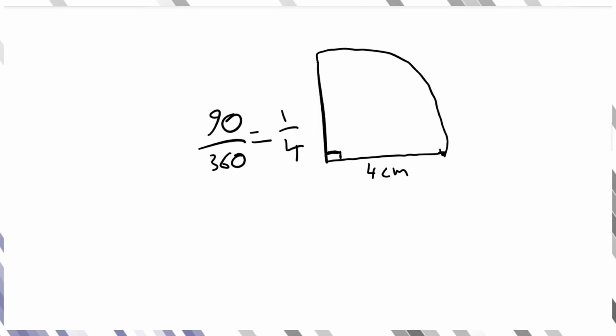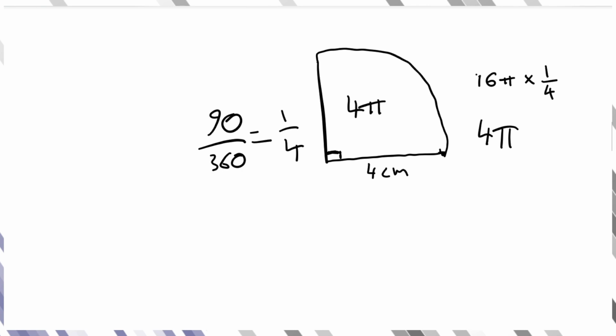Alright, so the area of the circle is pi r squared. The radius is 4. 4 squared is 16. So 16 pi. Multiply that by a quarter. In fact, if we times that by a quarter, we could just quarter the 16 right now. That would be 4. So 4 pi is it. That's the area of this.